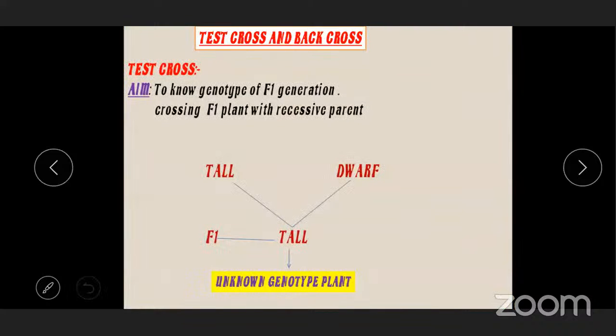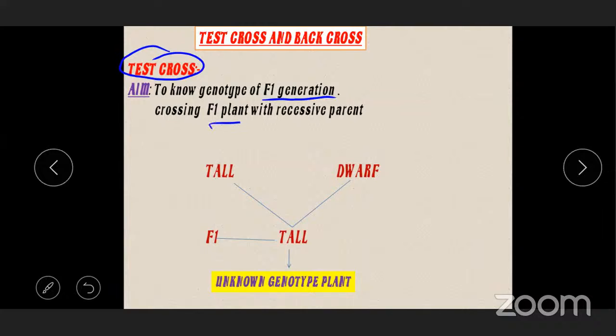Now, next, our topic is test cross and back cross. Test cross. If you observe the term test cross, to test something, the something is to know the genotype of F1 generation.